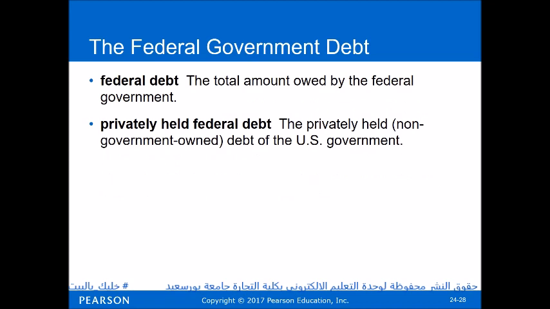The government debt, or the federal debt, is the total amount owed by the central or the federal government. Privately held federal or government debt is the privately held, non-government owned debt of, let's say, the Egyptian government or the US government.